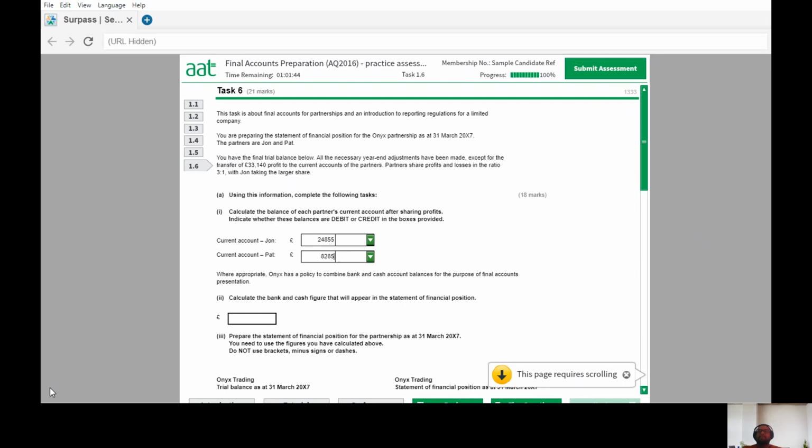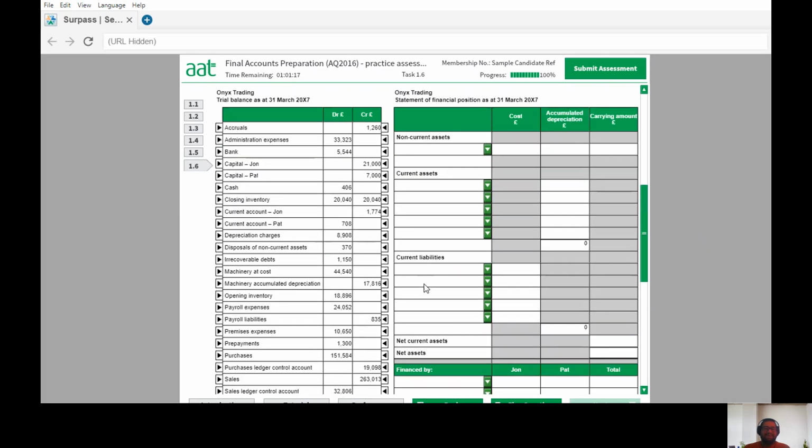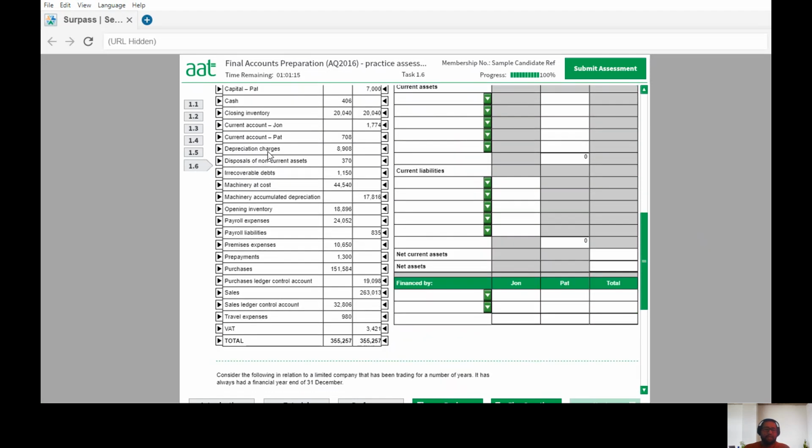You should get, hold on. Did they say something else here? 140. Did I have the right amount? Oh, yes. I forgot there is information here about the current accounts.